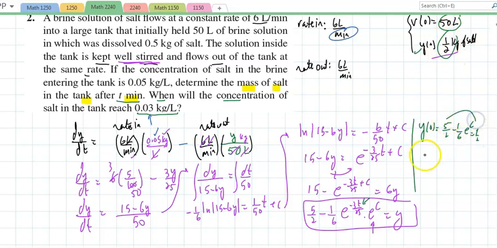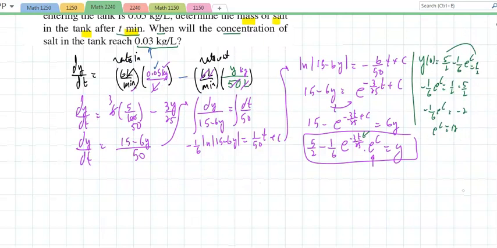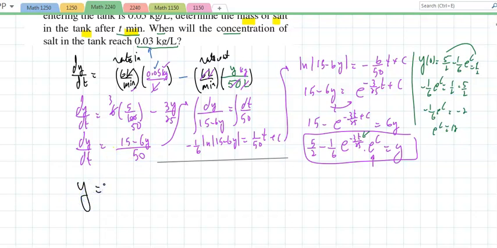So negative 1 over 6 e to the c equals 1 half minus 5 halves is 4 halves, and 4 halves is a negative 2, so e to the c is a 12, which means after all of this work, I figured the amount at any given time is 5 halves minus 1 over 6.